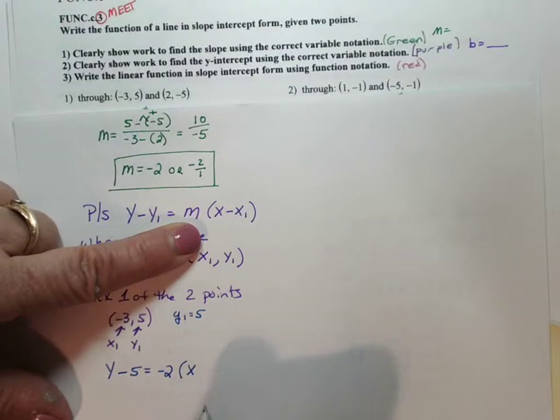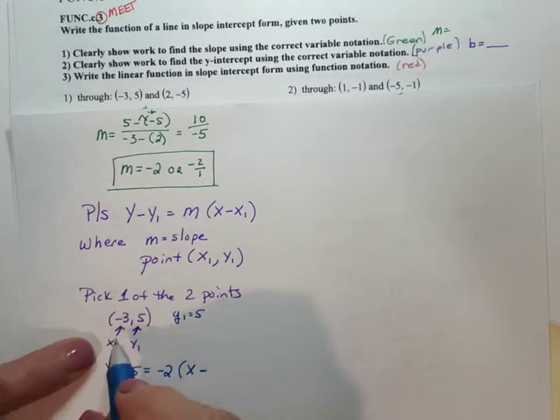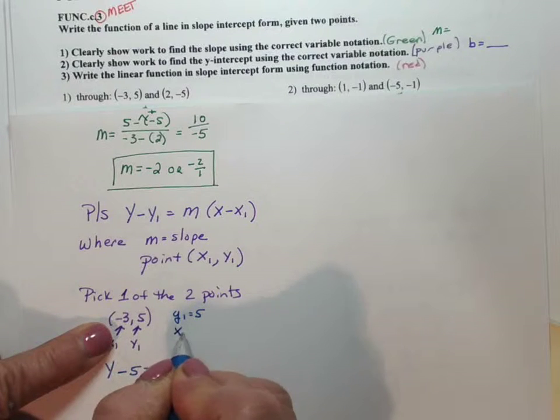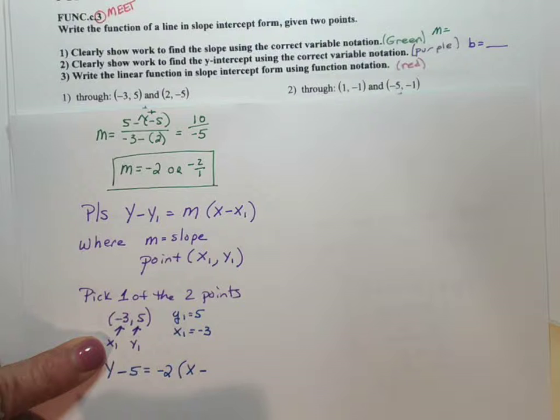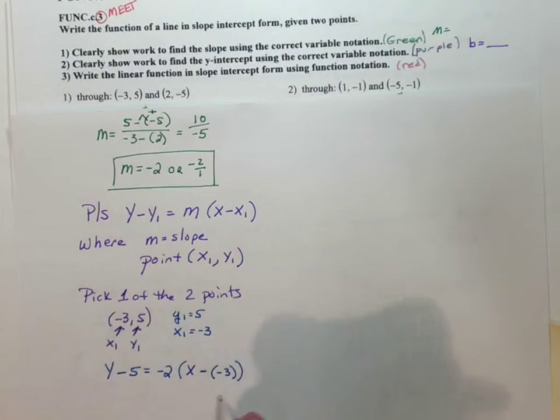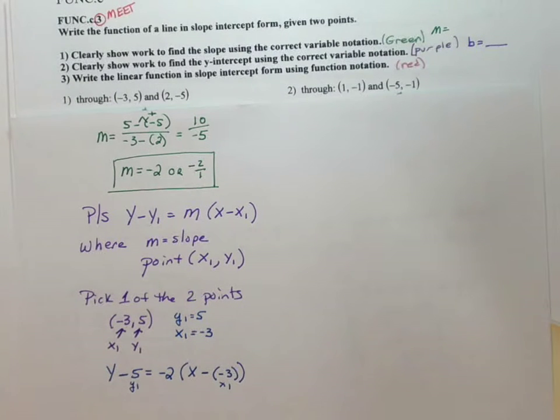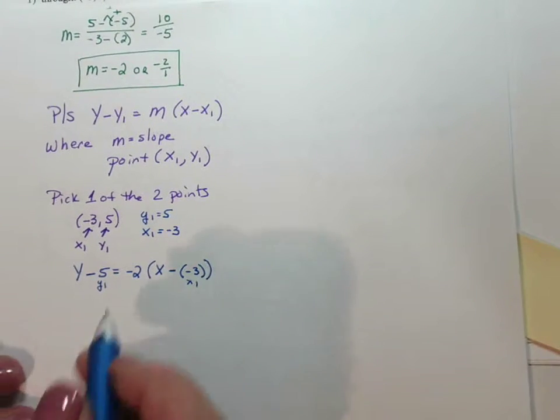Parentheses x minus x1. So that means that x1 is equal to -3. So I'm going to just write this all out. So this is x1 and this is y1.